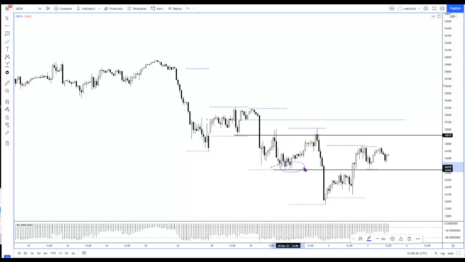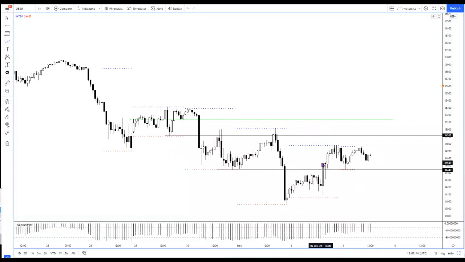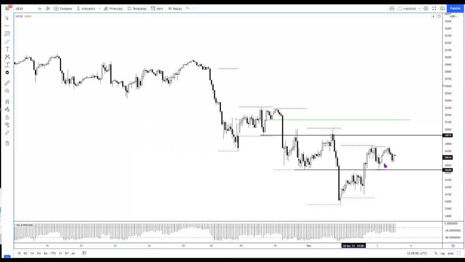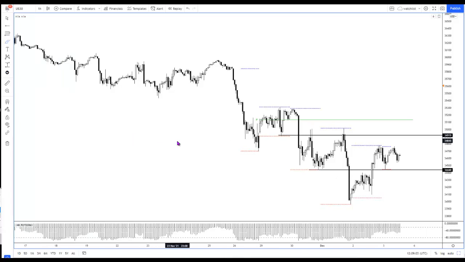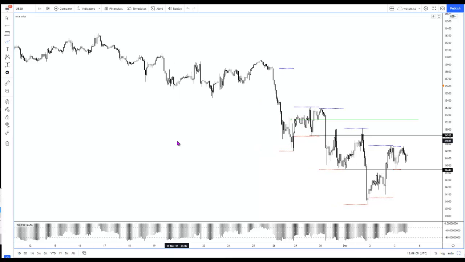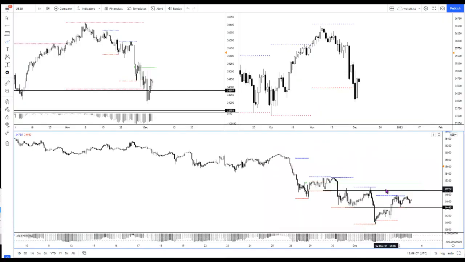I was looking for that, but after looking at that hourly close, I decided not to get involved in this market. If job numbers beat expectations, we are going to get a rally in equities, of course.